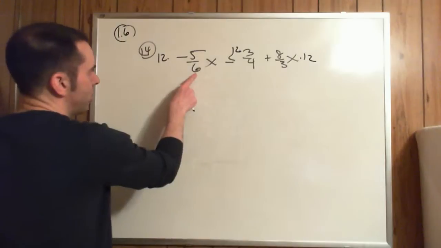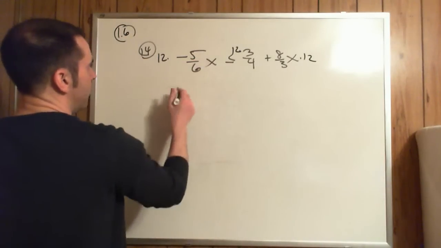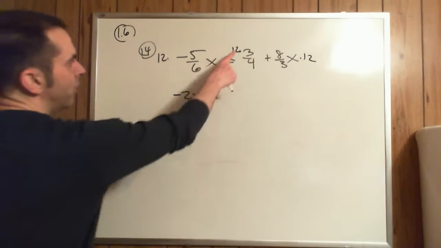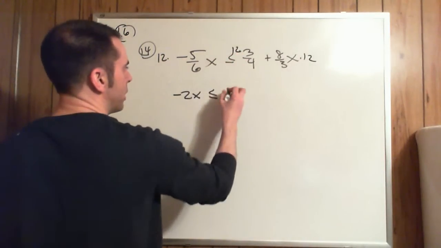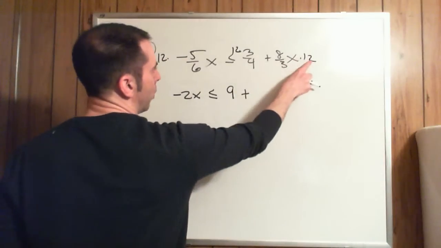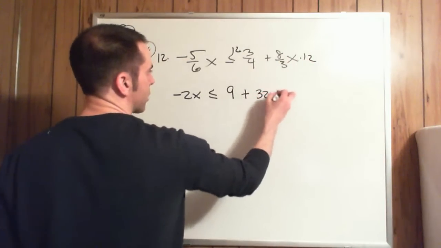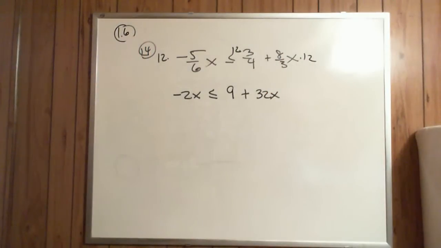12 divided by 6 is 2, times negative 5 is negative 10x. 12 divided by 4 is 3, times 3 is 9. 12 divided by 3 is 4, times 8x is 32x. So it just makes it a lot easier. You could deal with the fractions, but it's just a little easier if you eliminate them.